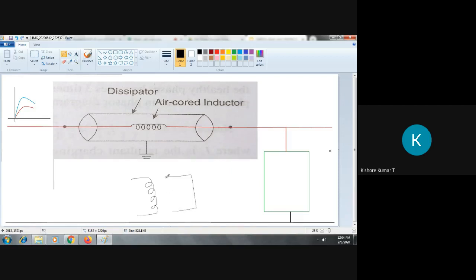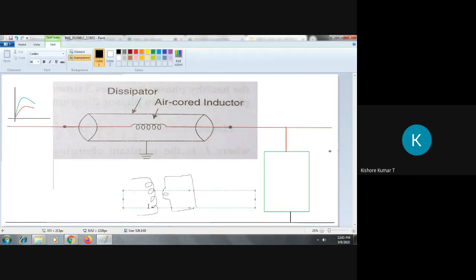Secondary is short circuited with a single turn. Now here the primary is assumed to be the inductor, and the secondary is assumed as the dissipator.